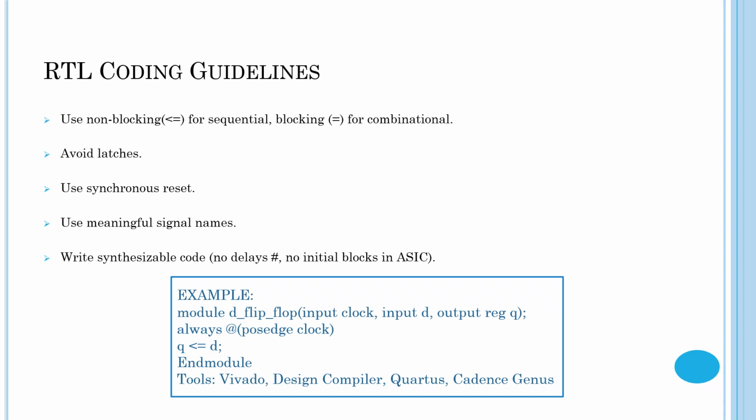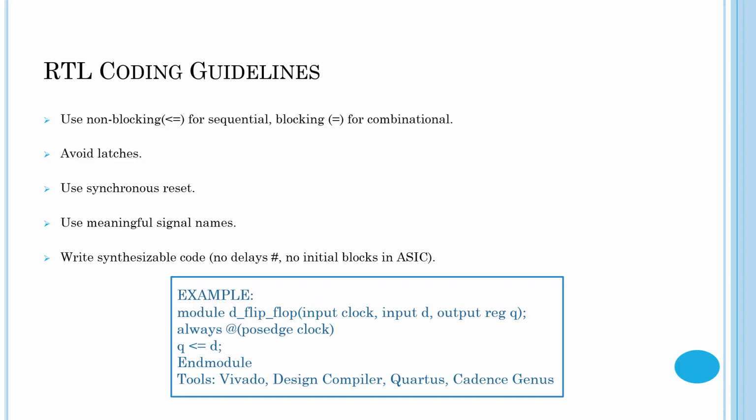Next, avoid unintended latches by making sure every output in a combinational block is assigned in all possible conditions. Use synchronous reset as it improves timing predictability and consistency across the design. Also, always use clear and meaningful signal names, making it easier for others to understand and verify your design.